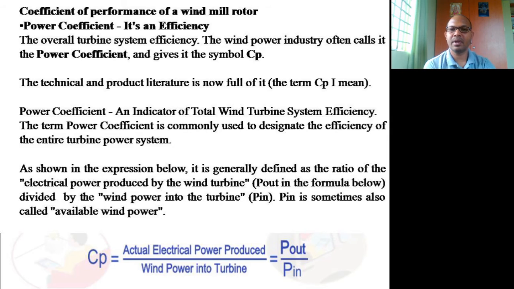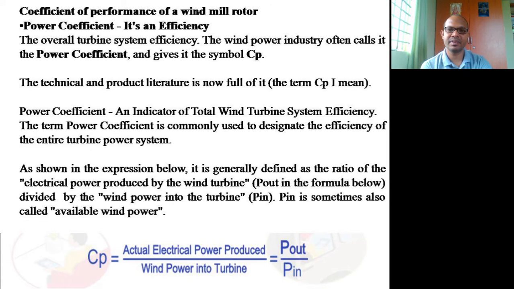The technical and product literature is full of it. Cp is an indicator of the total wind turbine system efficiency.